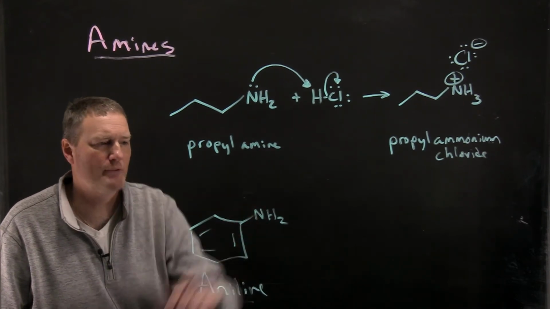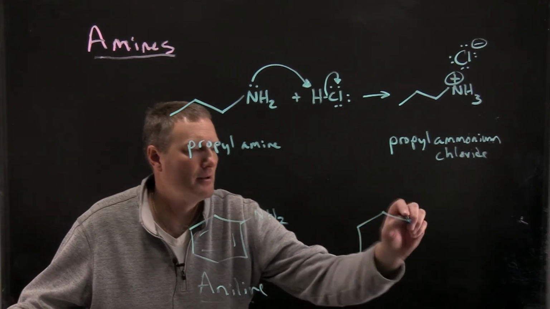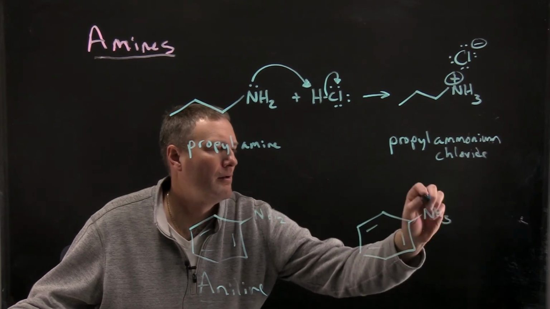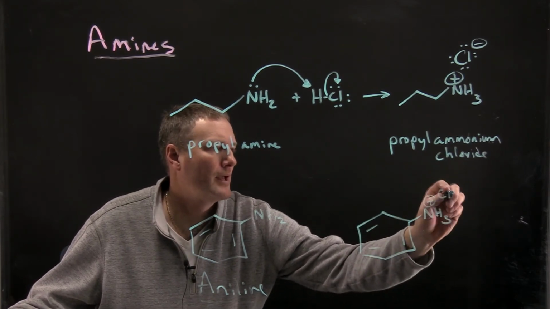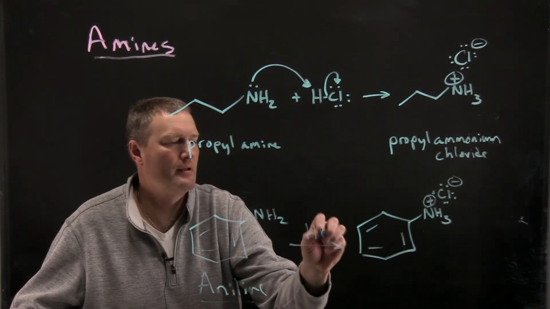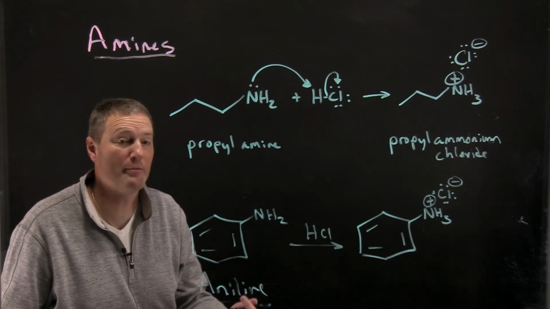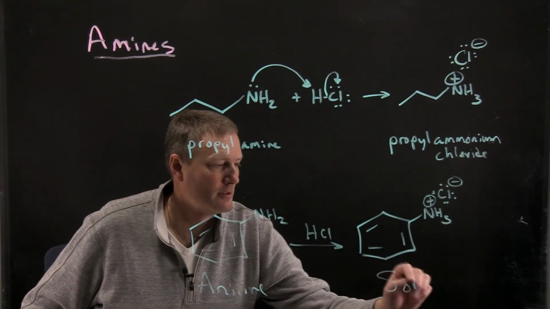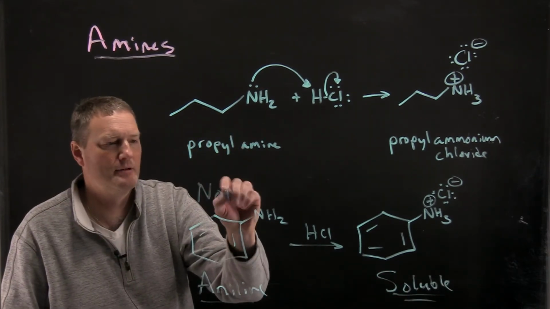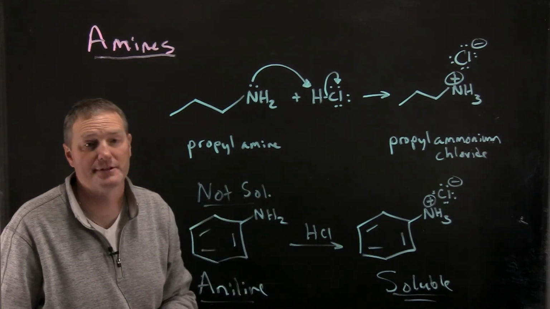However, if I treat the aniline with HCl and convert it into the ammonium ion of aniline, this now becomes soluble. So this one was not soluble, whereas the salt becomes soluble.